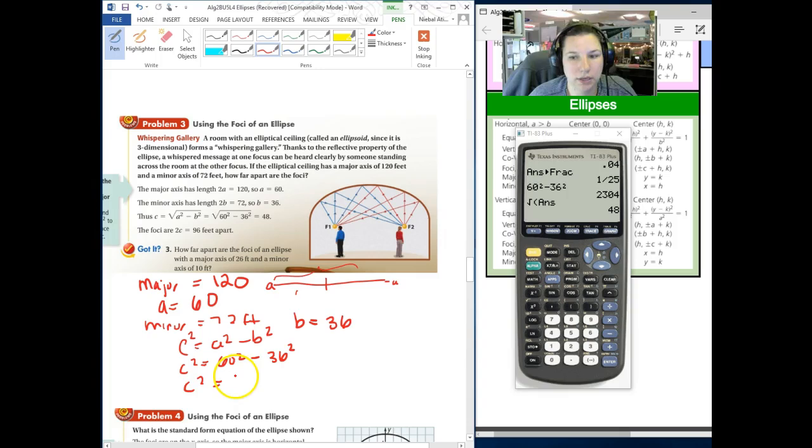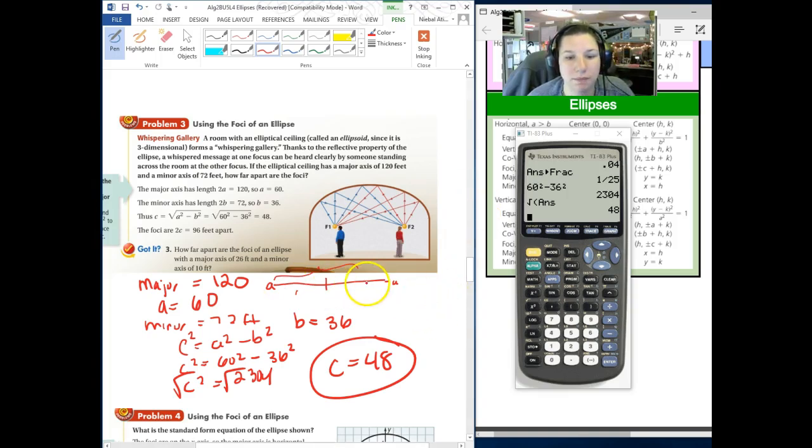So c, square root both sides, so c equals 48. And then to know how far apart they are, so this is how far apart are the foci, right? So same kind of thing here. If our c is 48, then that total distance is going to be 2c. So the distance is 2c, which is 96 feet apart.